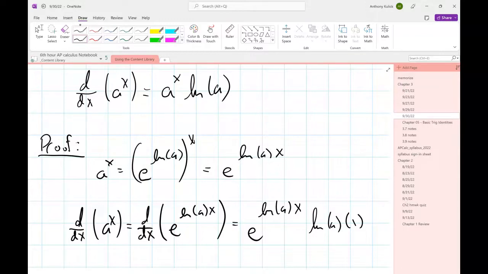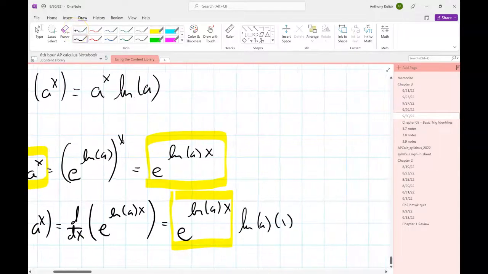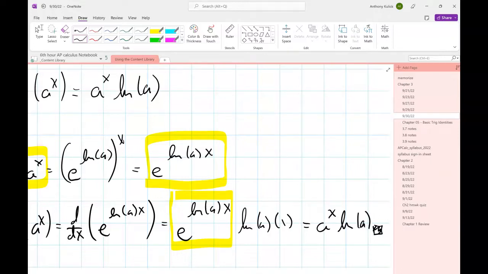Natural log a is a constant. And then note this piece is the same as a to the x. So we're all done. That was our proof.